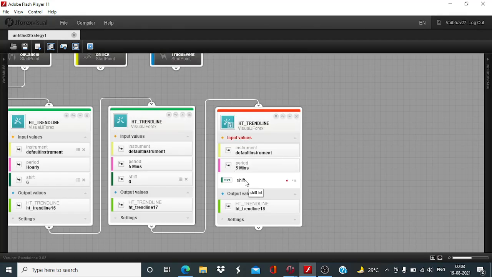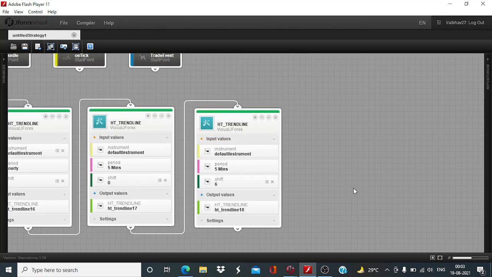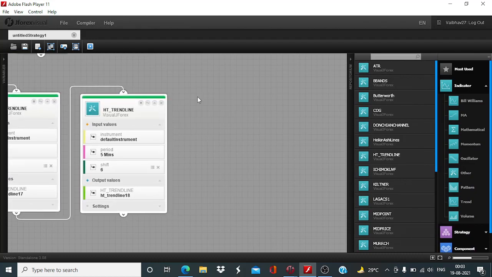For this block it is going to be 6, and one more will be needed, which will have the lookback period of 12.